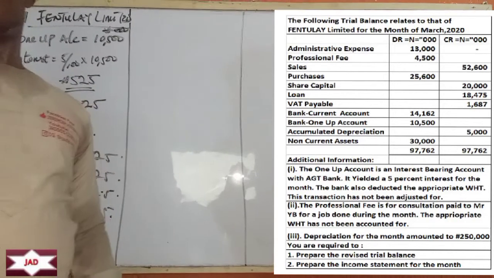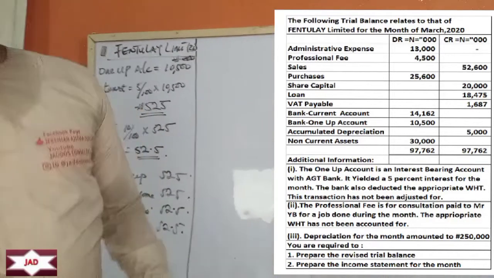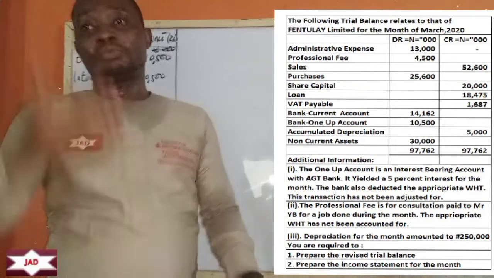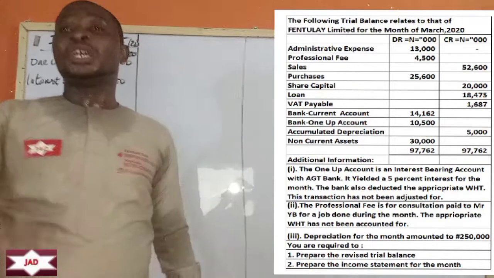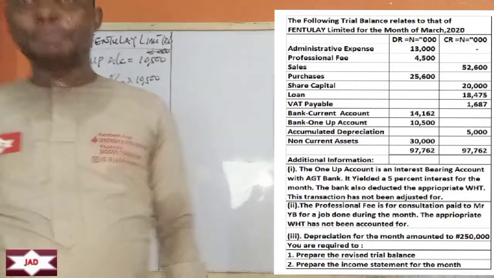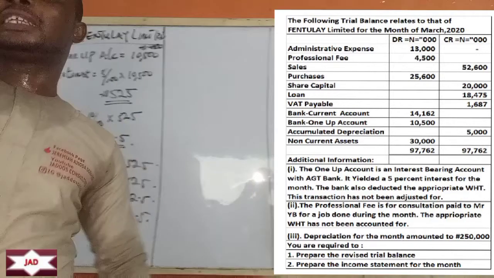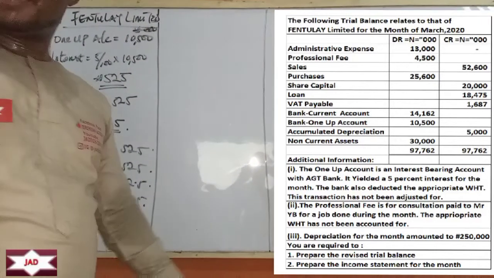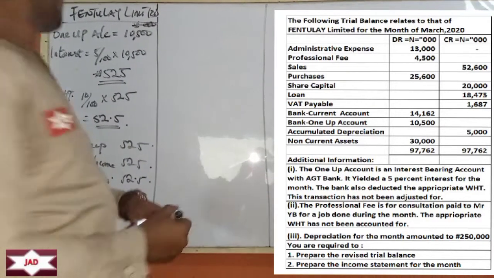So we cannot assume or conclude that they have accrued for it. If you assume that they have accrued for it, then you have to do the journals in line with accruals. But if you assume that they've already paid, you also have to do the journals in line with cash payment. But here, we can assume that they've already paid this guy. But they paid him without deducting withholding tax.